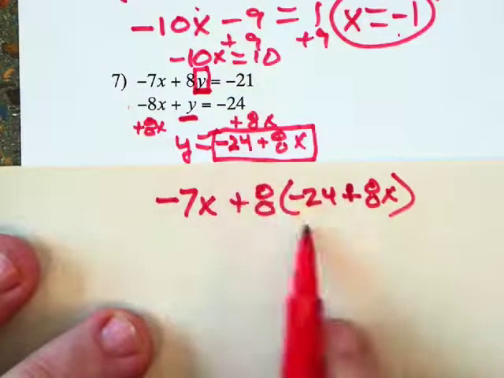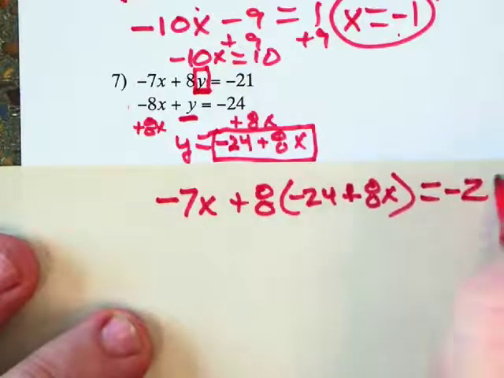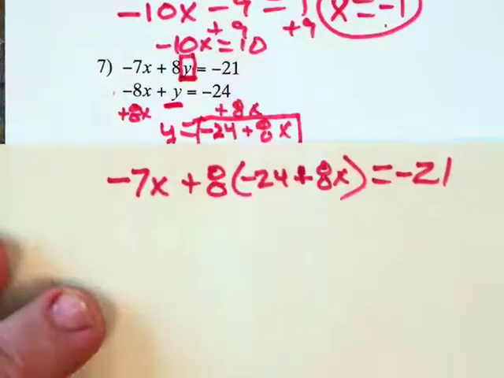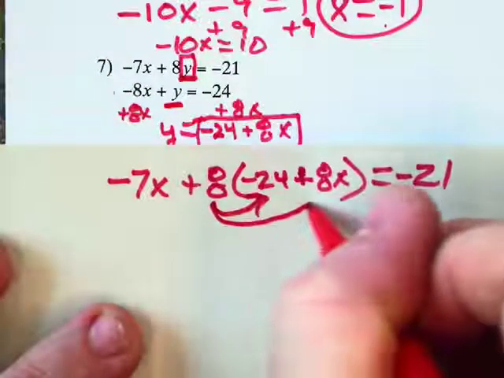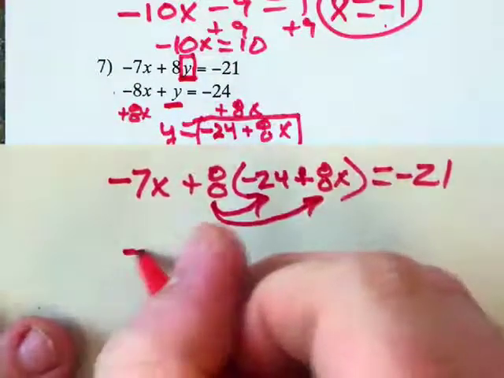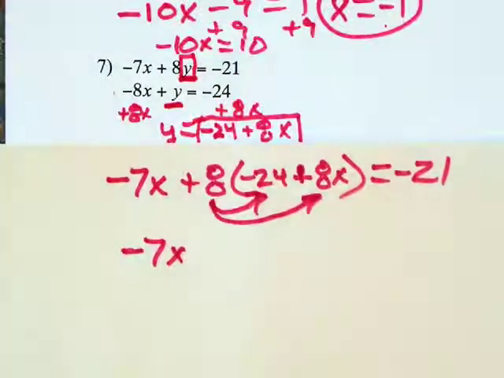So everything in the box goes in where the y was, equals negative 21. Okay, now we just distribute the 8.